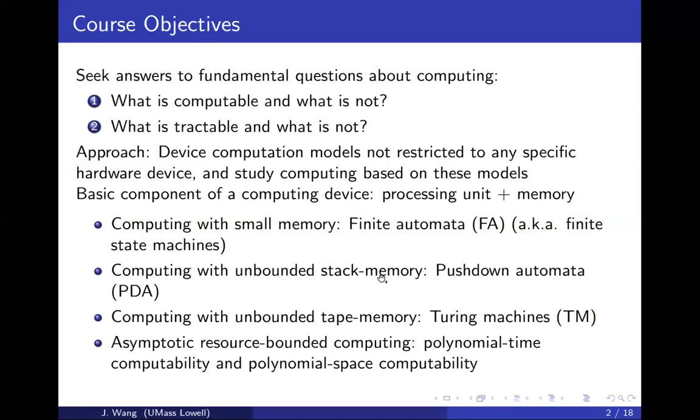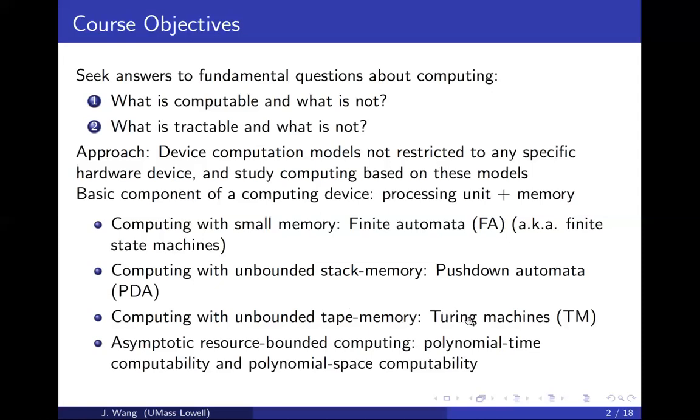And then the next computing device we are going to study is called push-down automaton, or PDA, which is a processing unit plus an unbounded stack memory. And then after that, we're going to study a general computing device, which is called Turing machines.